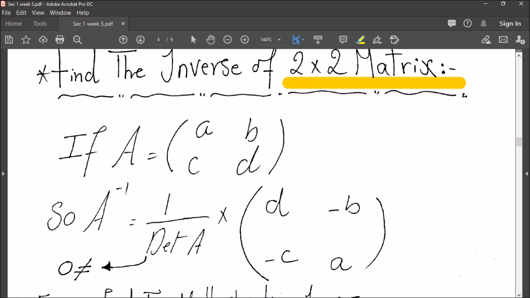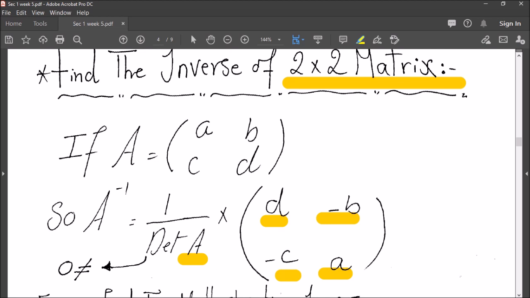So the inverse of matrix A equals 1 over the determinant, multiplied by [D, negative B; negative C, A]. There is only one condition for the existence of the inverse of the matrix: the determinant cannot be equal to 0, because 1 over 0 is undefined.